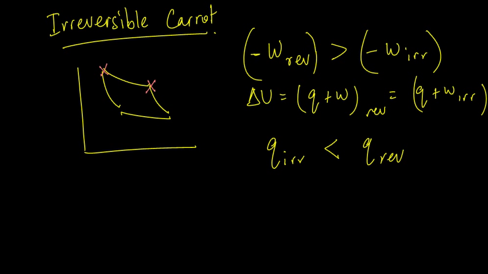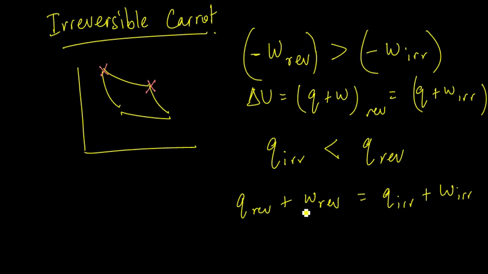Okay. Let's not bother about what it is. Let's put it over there. Q reversible plus W reversible is equal to Q irreversible plus W irreversible, right?